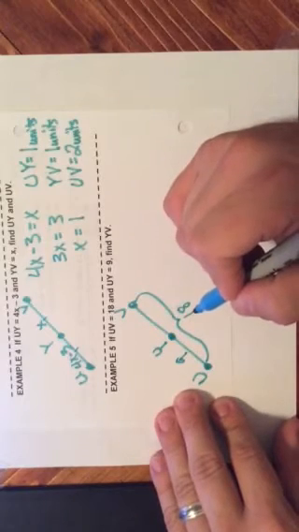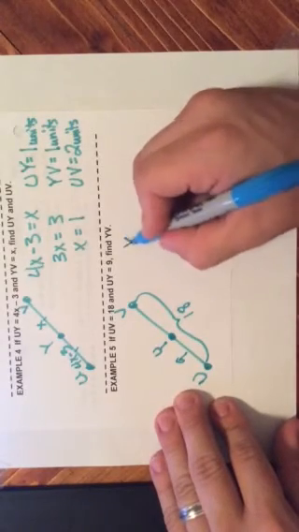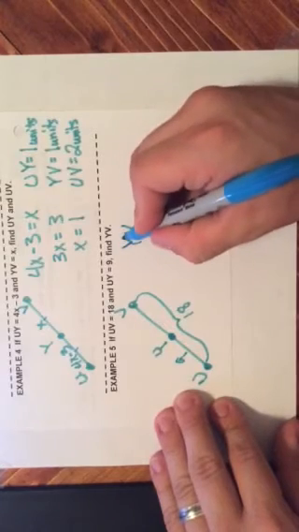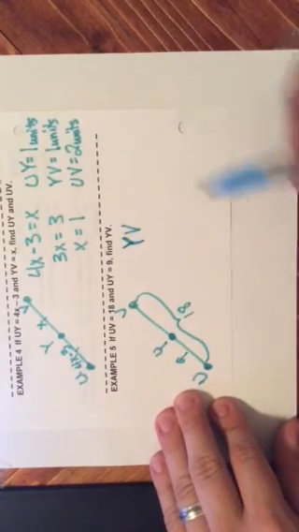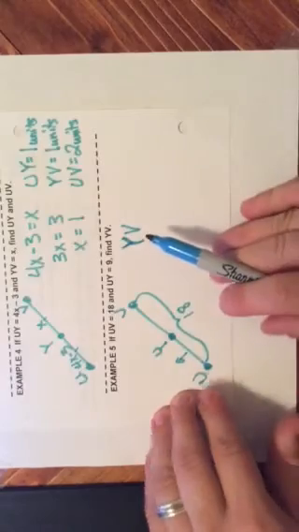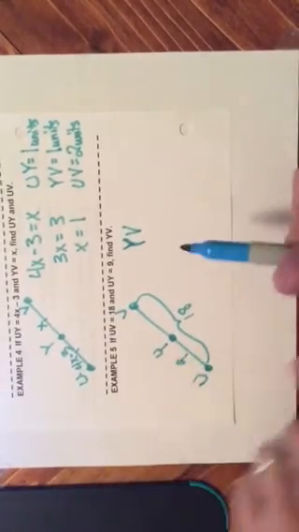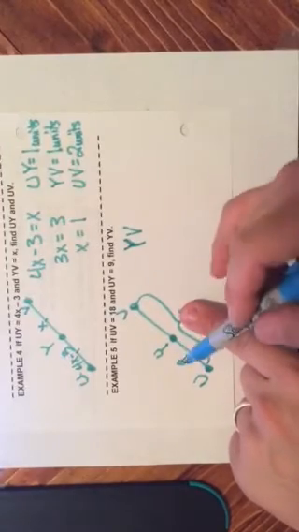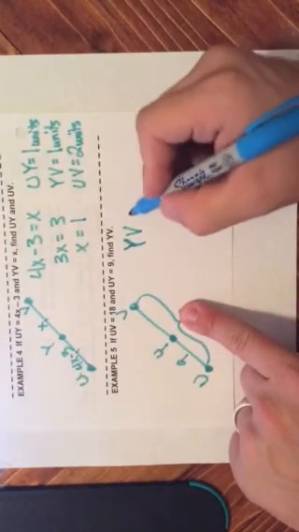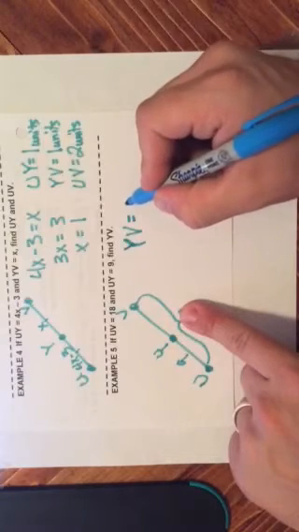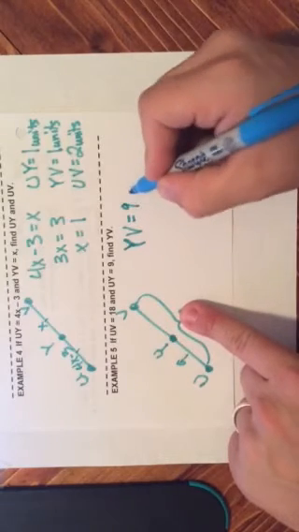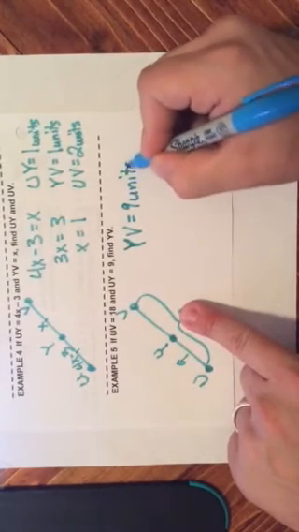Well, it shouldn't be that hard to find yv. You should have been able to find it with either piece of information. They could have left the 9 off and asked you to find it by dividing 18 by 2. Or they could have left the 18 off and had you recognize that yv is the other half of that segment. It would be 9 units.